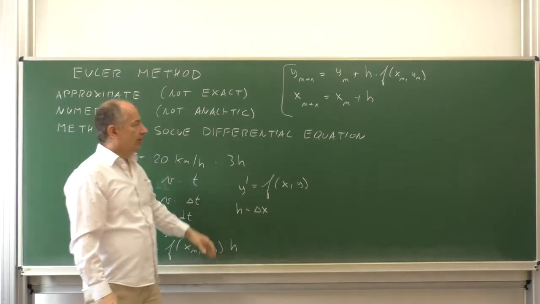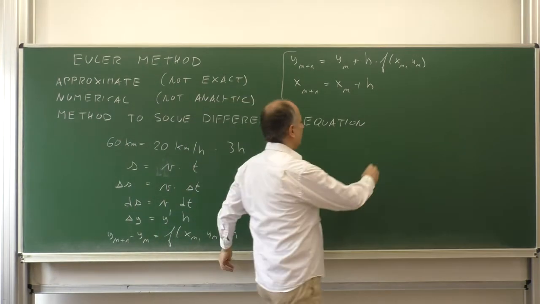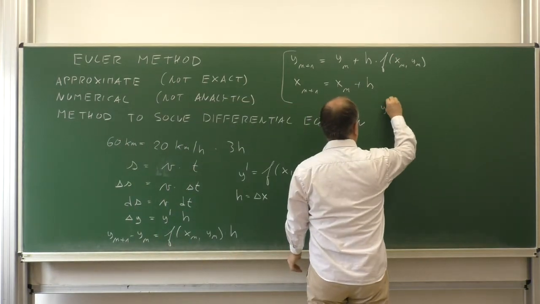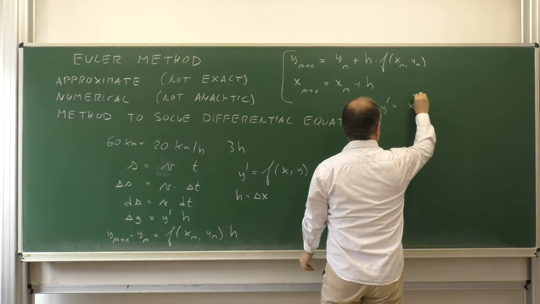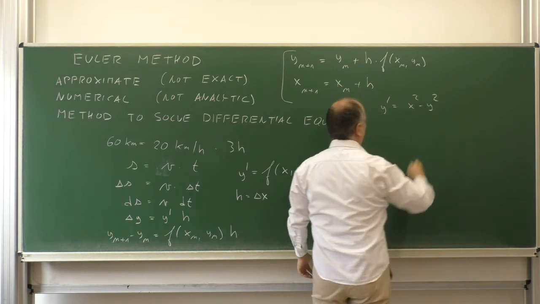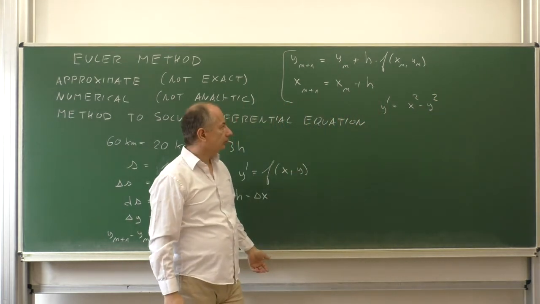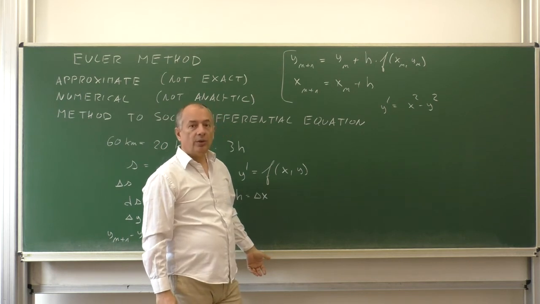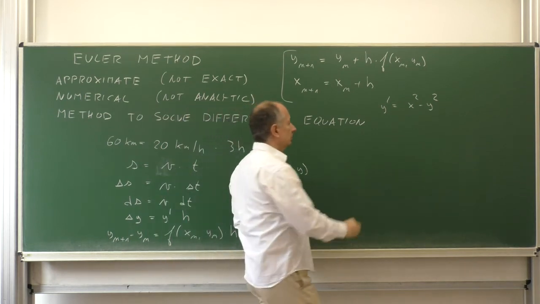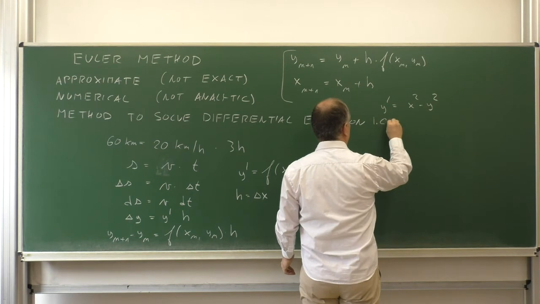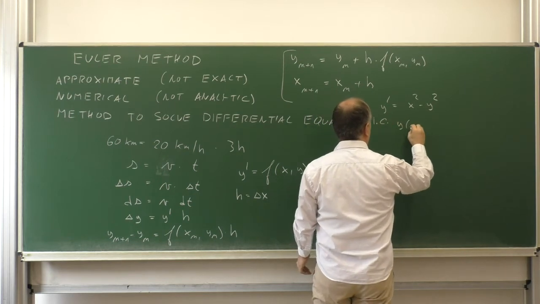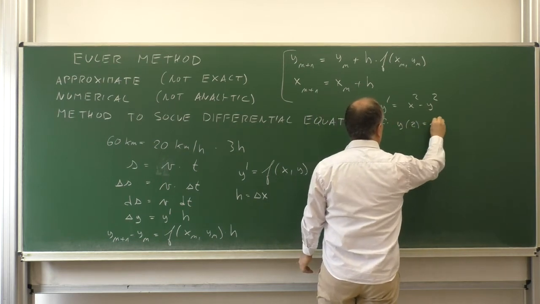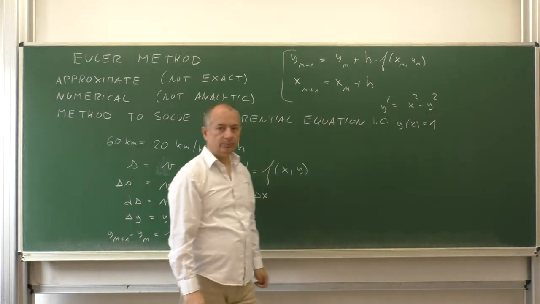Let me illustrate this for some differential equation. Say y derivative is x squared minus y squared. To start, we need initial condition. So consider the initial condition y at 2 is equal to 1.